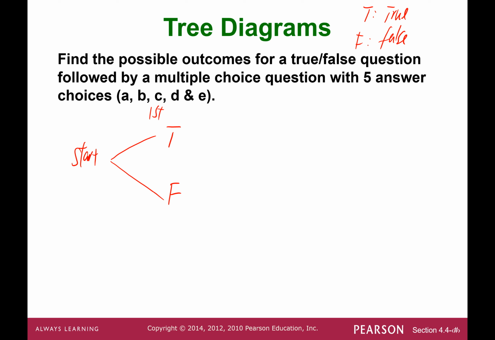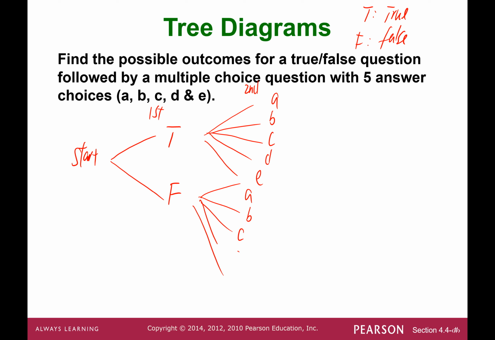And for the second question, you have 5 choices, either A, B, C, D, or E. Now following the branches of the tree, we get all possible outcomes. We get 10 possible outcomes: TA, TB, TC, TD, TE. Second half of the branch: FA, FB, FC, FD, and FE.